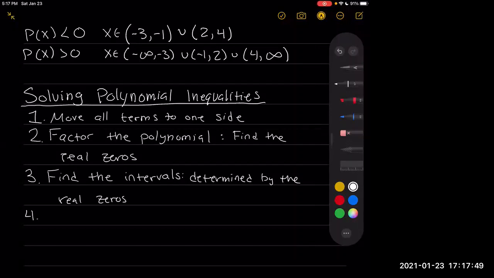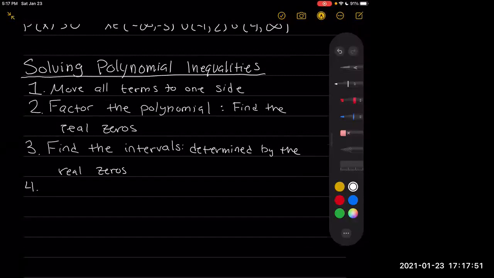And then 4th, we're going to make a table or diagram. And we're going to use test values to determine the sign in each interval.